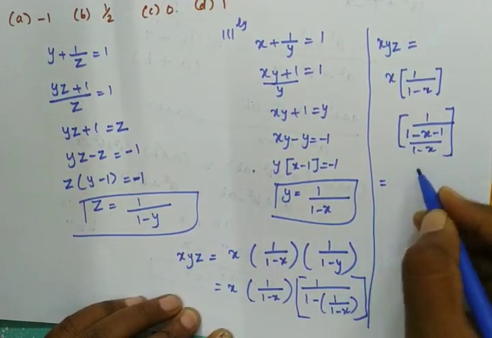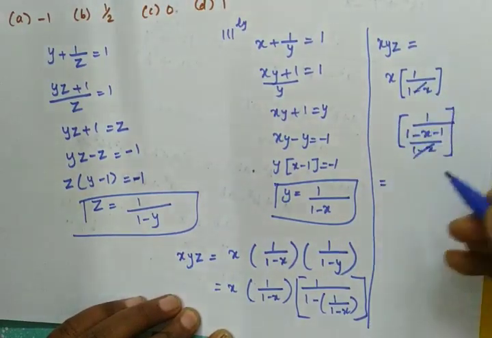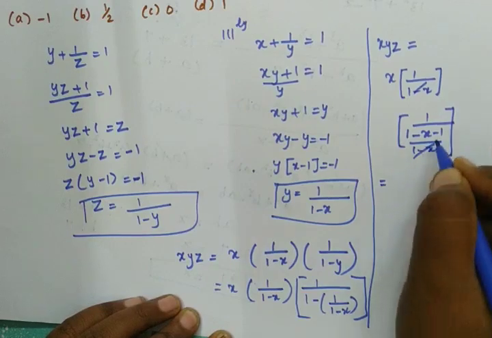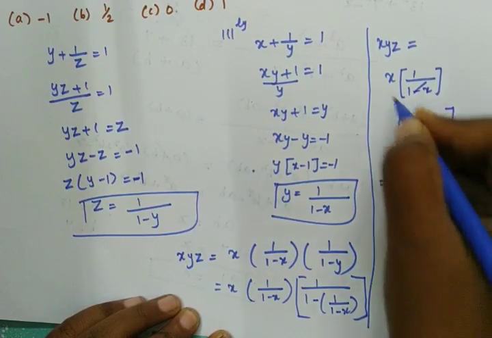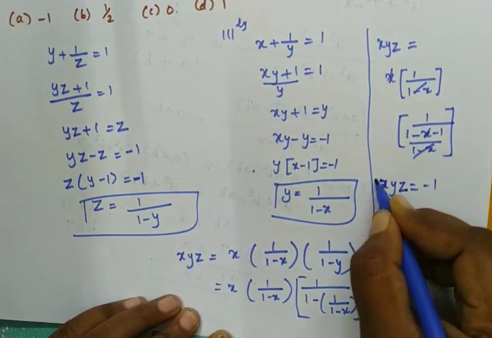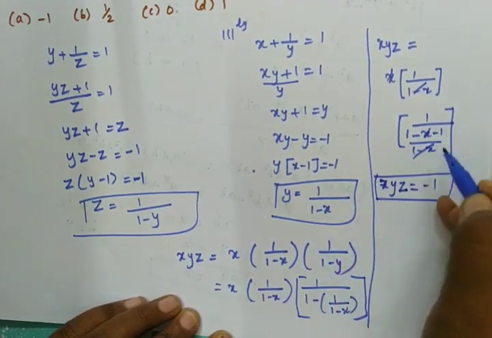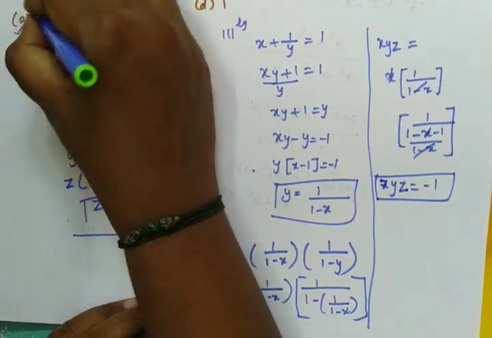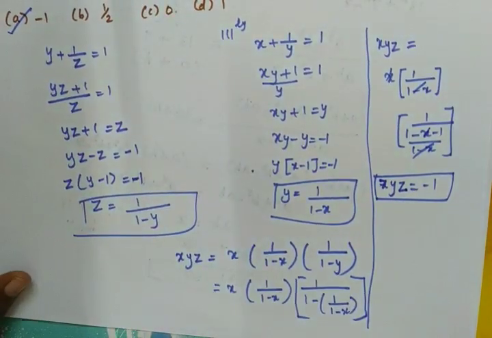Now this 1 minus x, 1 minus x will cancel there. Therefore we will get x and x will get cancelled. So xyz will be equal to minus 1. This will be your answer. So the answer is minus 1.